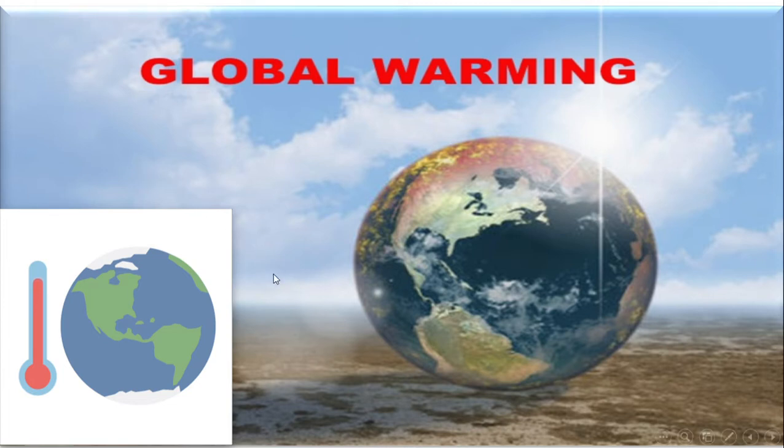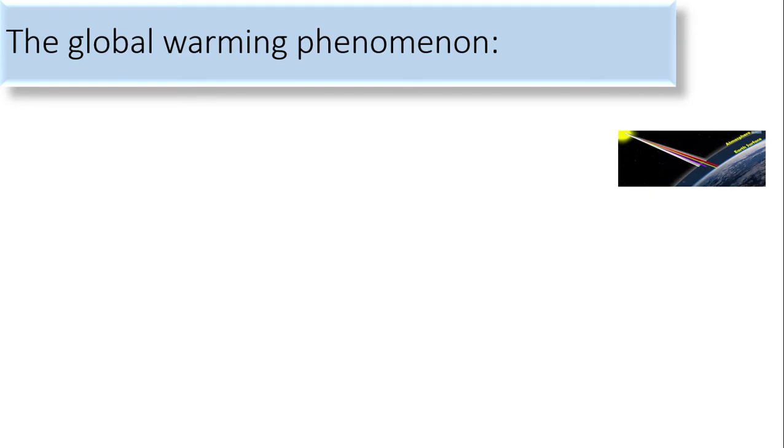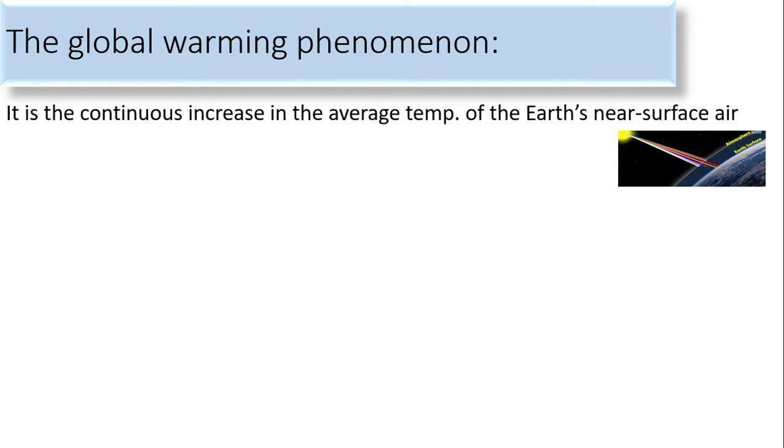Inshallah, in this lesson we will know what is meant by global warming and what are the reasons that led to increasing this temperature for Earth. Okay, let's go. Number one, what is meant by global warming? Global warming, its definition, is the continuous increasing of average temperature.